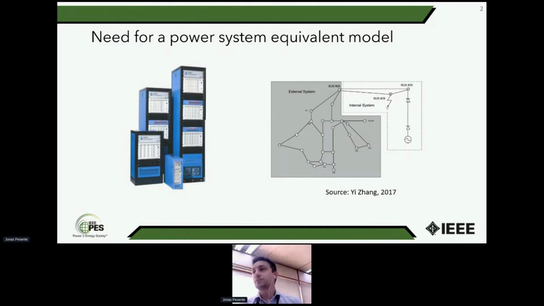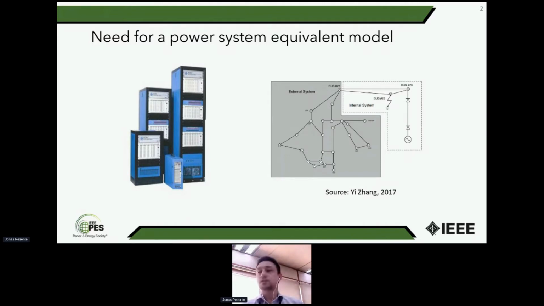So it's mandatory to reduce the system that we are going to simulate to enable this representation in the hardware-in-the-loop equipment. In this specific case, the original power system that we modeled has almost 4,000 elements, and our equipment has a limitation of about 100 elements.